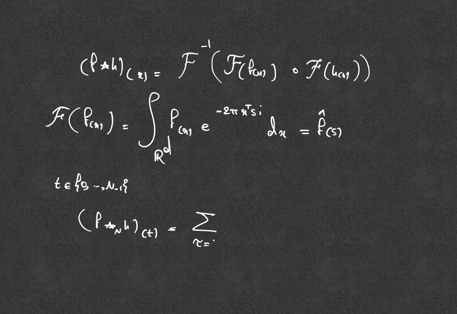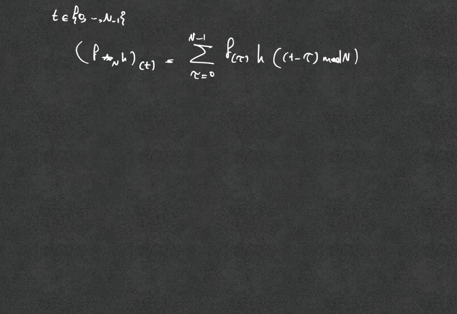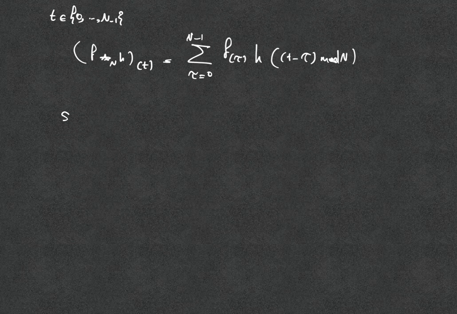The domain will be 0 to n minus 1. So you have f, you have h. This time you have t minus tau, but you also have this mod n because of this limitation. Now in terms of the Fourier transform, you will have this.